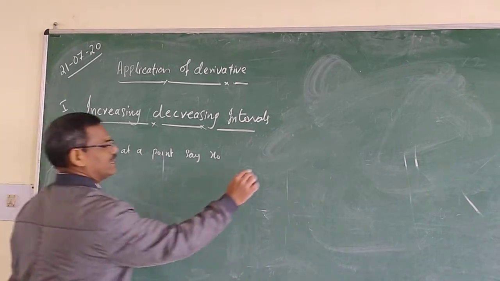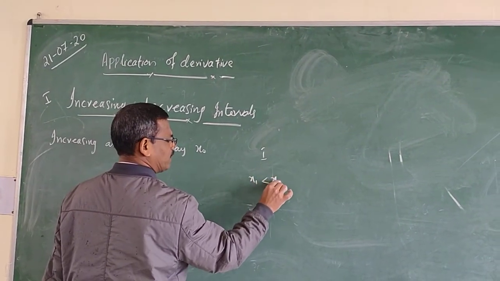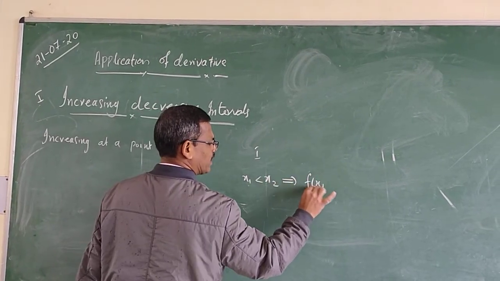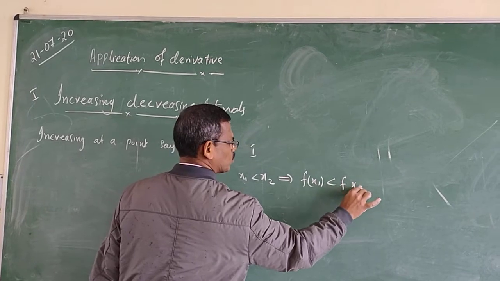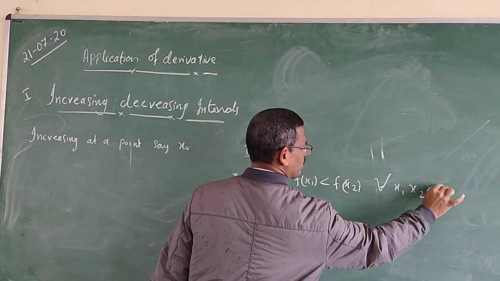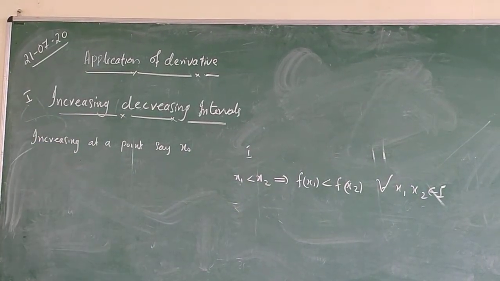What is the definition? Suppose I is the interval. If x1, x2 are two elements, x1 less than x2 implies f of x1 less than f of x2 for all x1, x2 belonging to I, this is the definition of a strictly increasing function.